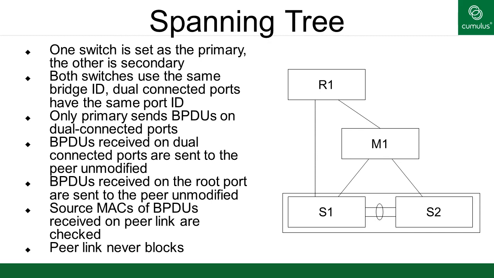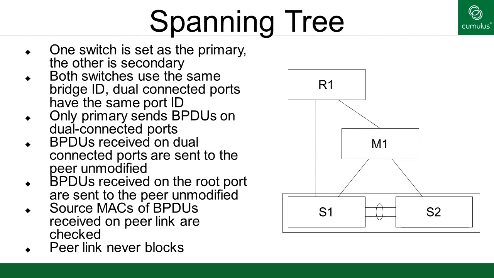A couple other things that we have to handle for spanning tree is that when we receive BPDUs on dually connected links, we also send those across the interswitch link. So let's say that M1 sends its BPDU down the left link to S1. S1 will process that BPDU and act on it just as normal, and it will also send it across the interswitch link to S2.